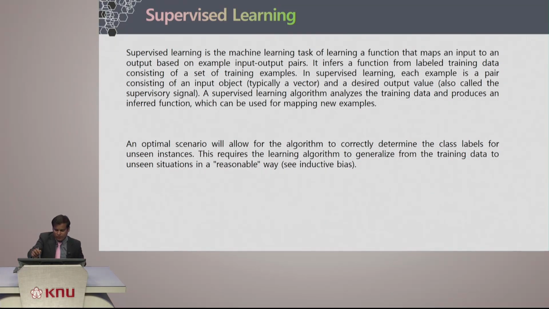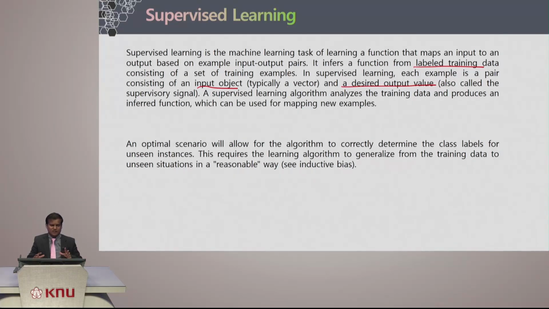So we can see that we have labeled data, and you know what is the input object and what is the desired output value, which means that you know what is going to happen after you receive an output. So that's the basic thought about supervised learning.